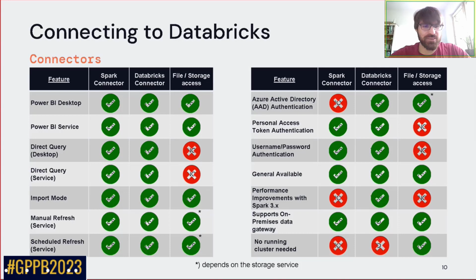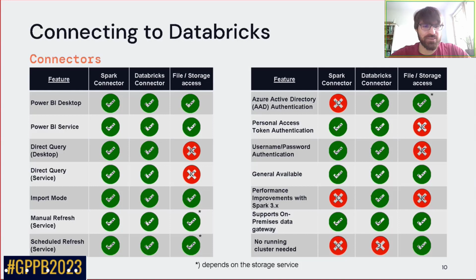There are some features that are not supported when using the file and storage access connector, which is obviously direct query, because you don't have, let's say, a responsive or interactive interface against the data lake store. And also, in general, the authentication works differently. That's not necessarily a bad thing, just something to keep in mind.